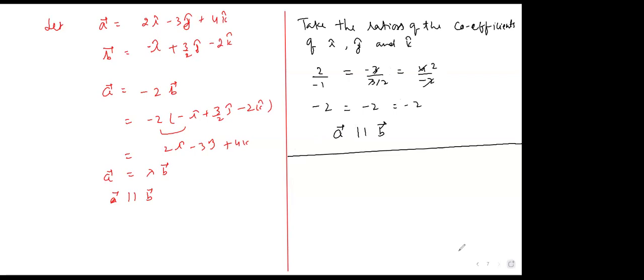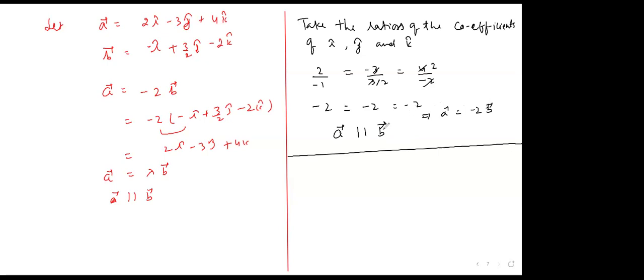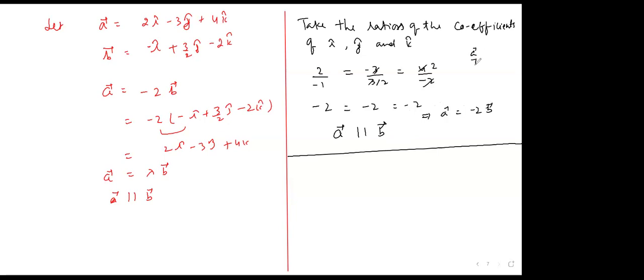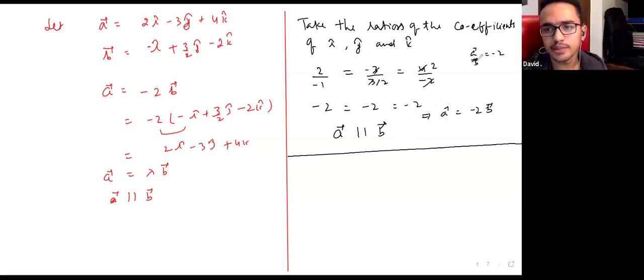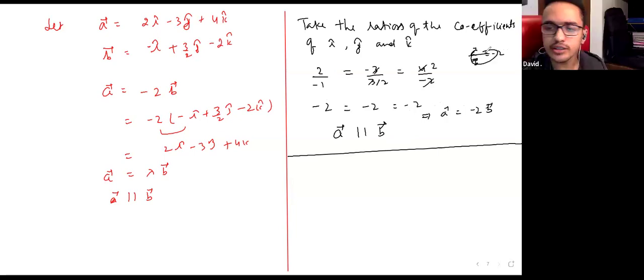If you want to elaborate, you can just write that A is minus 2 times B, because you got the ratio minus 2. So A equals minus 2 times B. Correct. Got it.